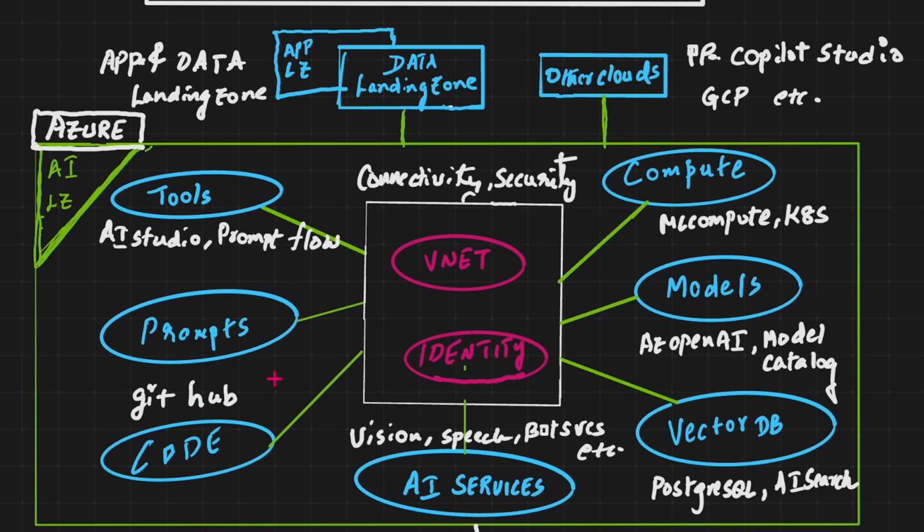So the next aspect is prompts. Prompts are the heart of AI API. The better your prompt is, the better the AI application or the output of the AI application. So prompts need not be static. Prompts can be static, which are meta prompts, and we'll discuss more about it.